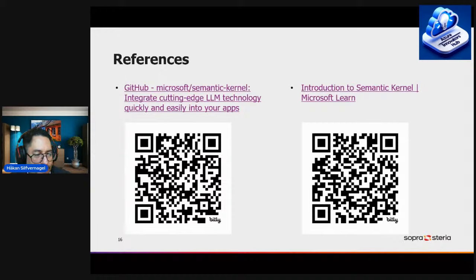In that repo, you can find all of these demonstrations and many more so that you can try out yourself how Semantic Kernel works. If you also want to learn, there's a Microsoft Learn module with an introduction to Semantic Kernel that you can reach by scanning this second QR code.